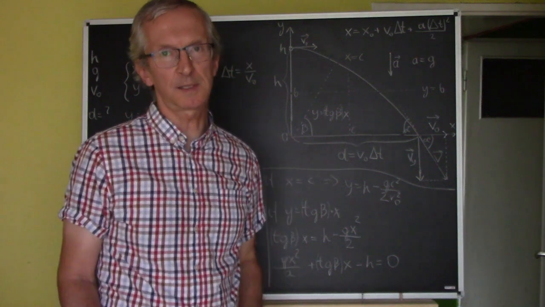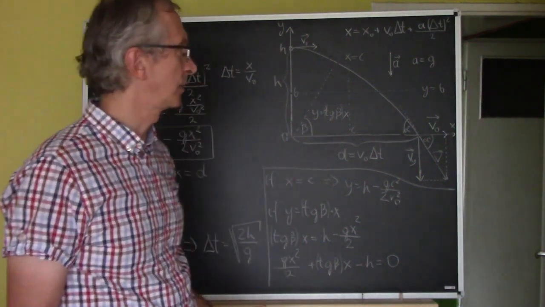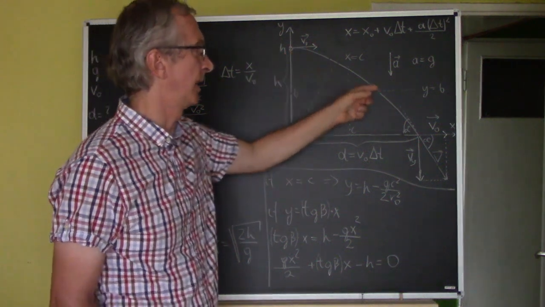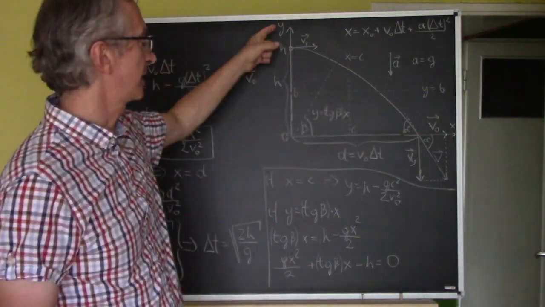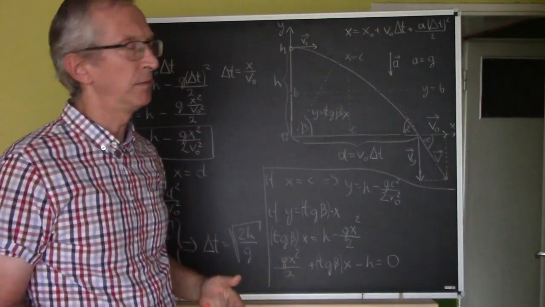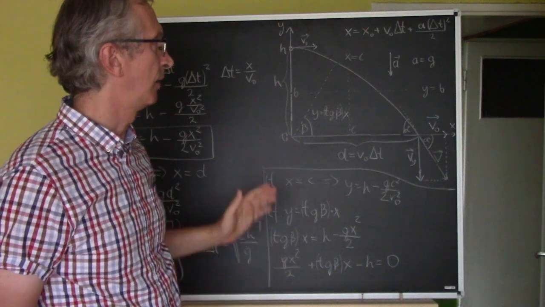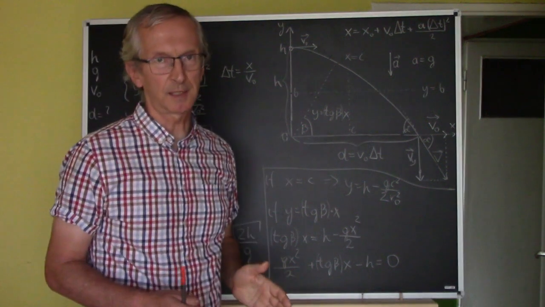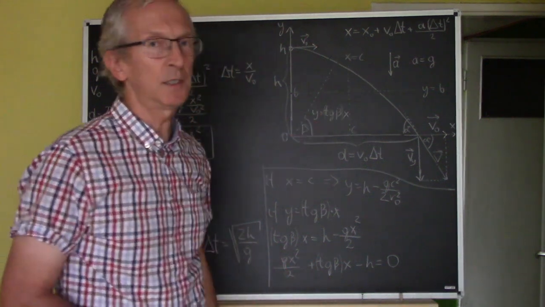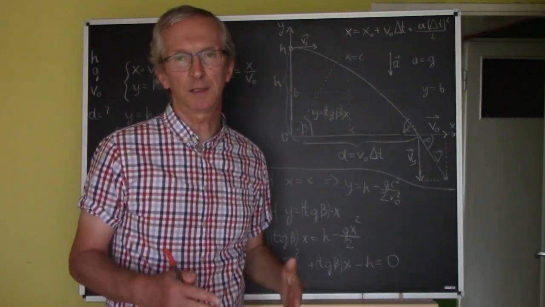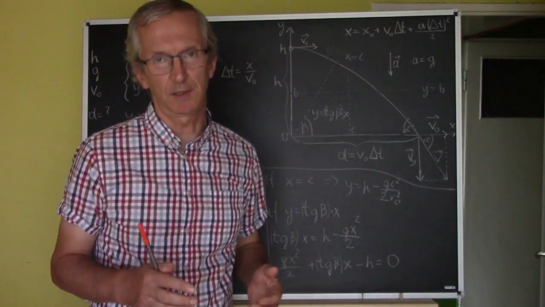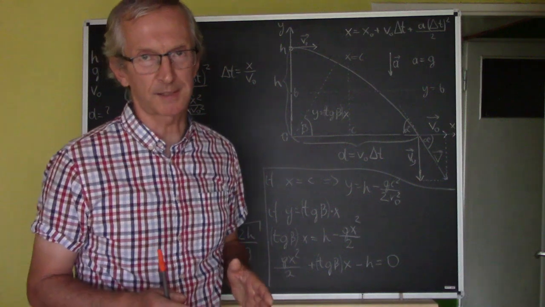This method is simple. We want to write the equation of the path of the flying body in the coordinate system y, x, and we'll write equations describing the obstacle, this or this, and we'll try to find the place of intersection of these two lines.